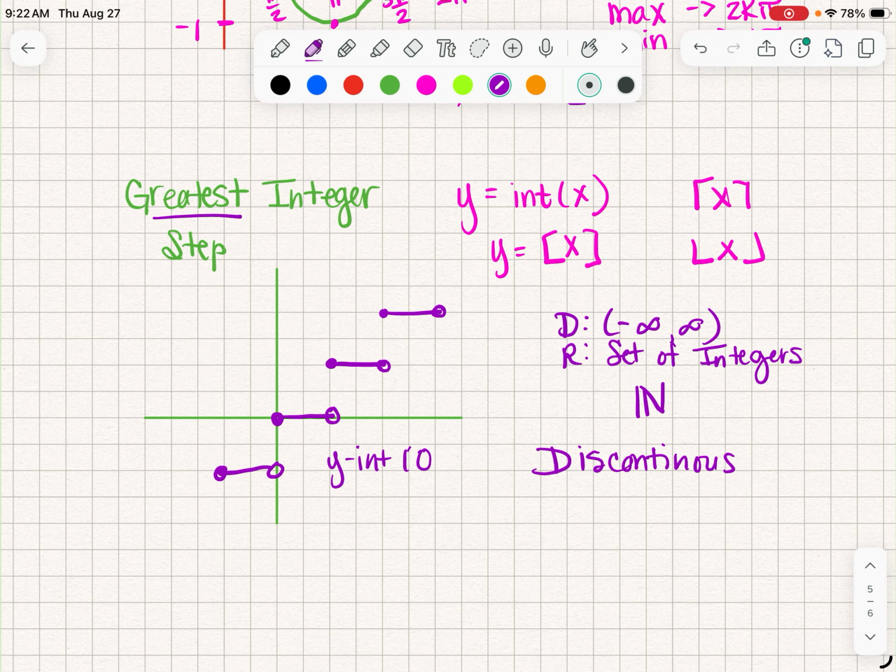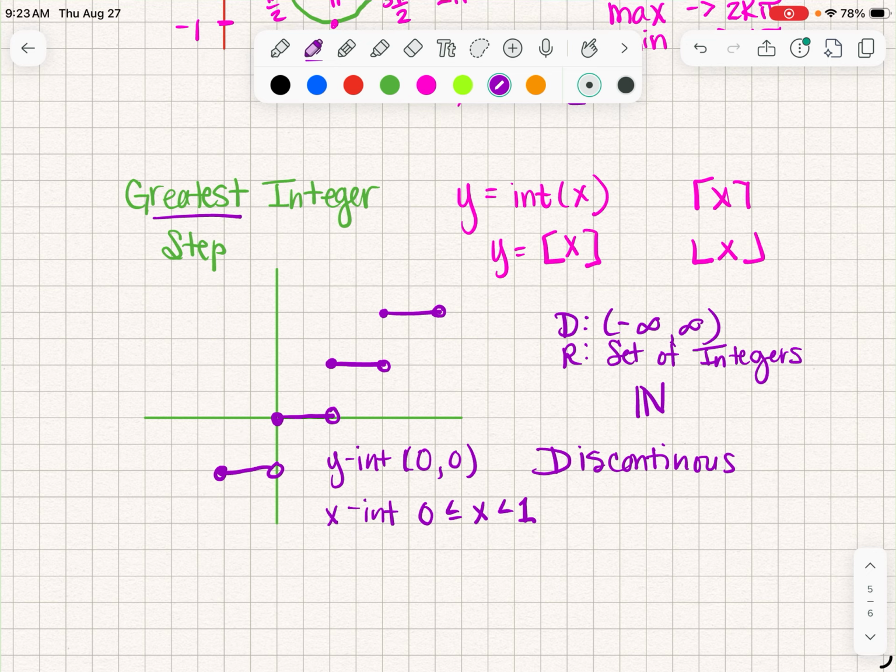And then the x-intercepts are all of the numbers from 0 to 1, uninclusive on that right side, because that's an open circle. So that's kind of weird, but those are the x and y intercepts.